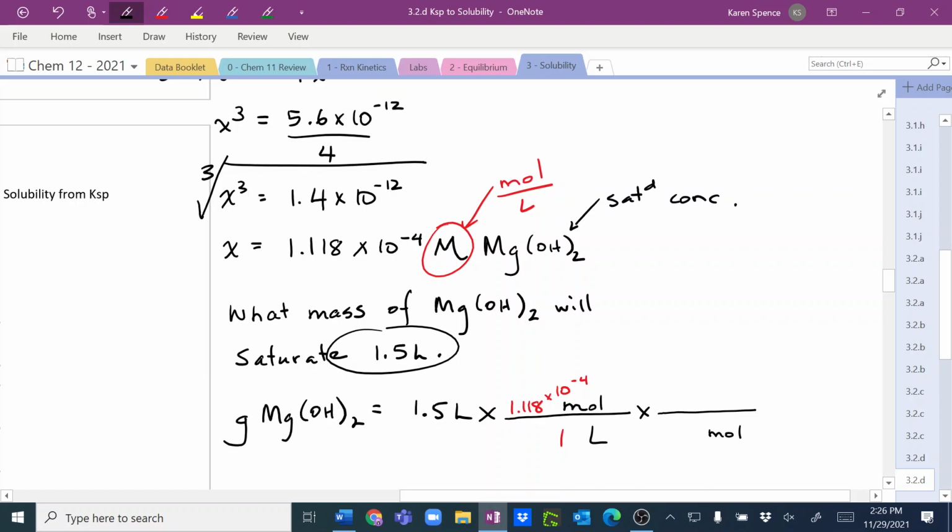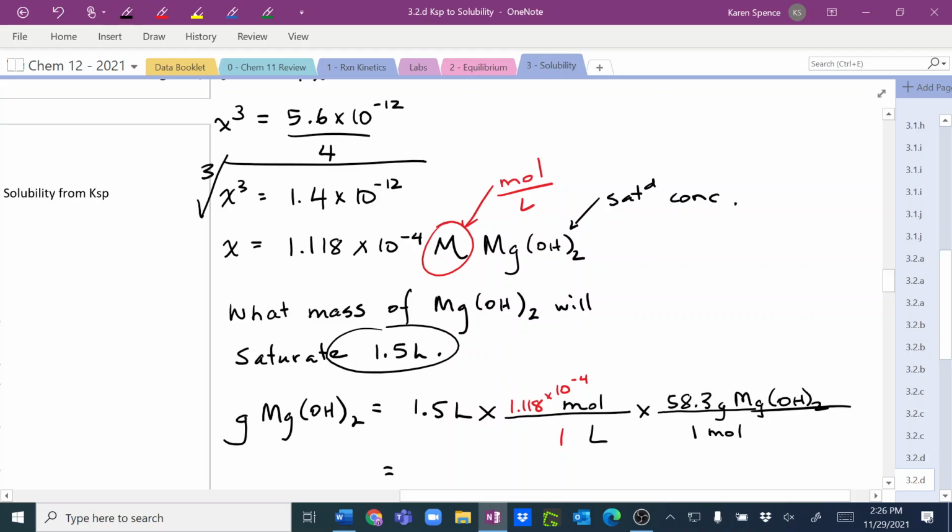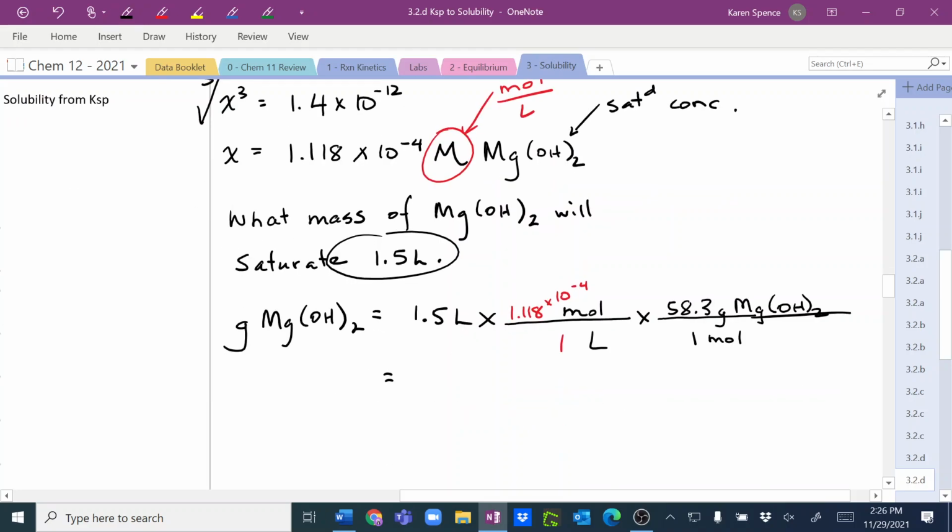Well, magnesium is 24.3, oxygen is 16 times 2, and hydrogen is plus 2. 58.3 grams of MgOH2 per mole. 1.118 times 10 to the negative 4 times 1.5 equals 9.776 times 10 to the minus 3, but we can only go to 2 sig figs, so that is going to become 9.8 times 10 to the negative 3 grams.